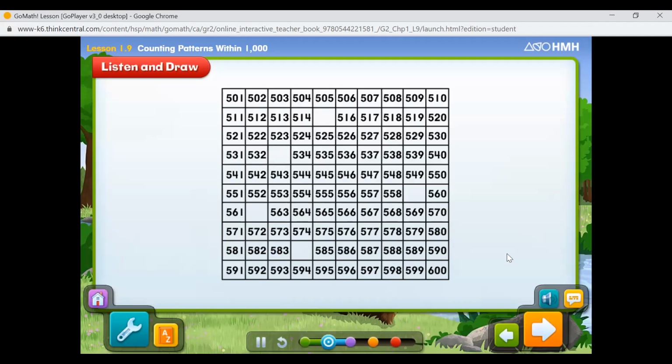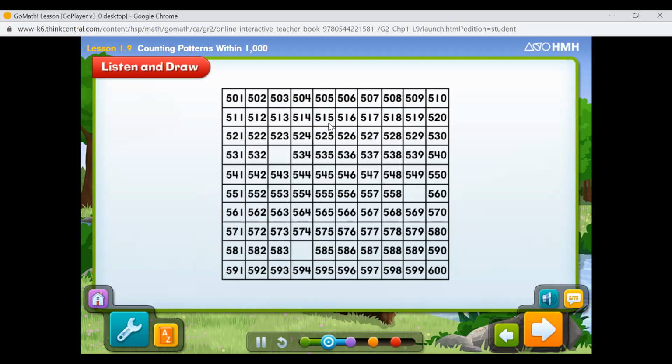This counting chart has some missing numbers. Select the space where 562 should be. 562 is just after 561. Now select where 515 belongs in the chart. As you count by ones, 515 is just after 514.